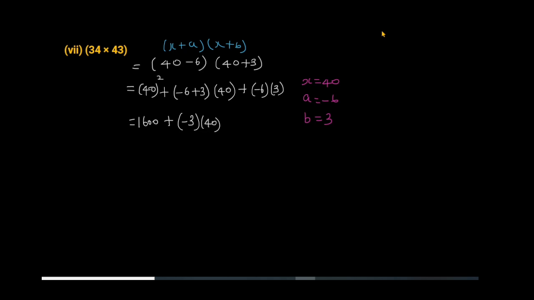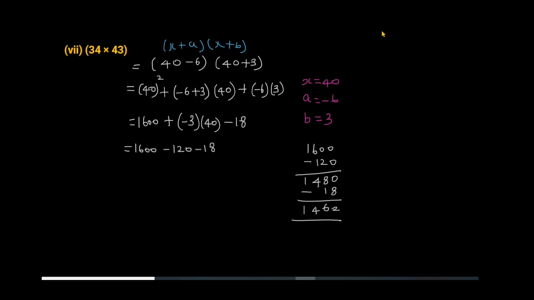Then minus 6 into 3 is minus 18. So 1600 minus 120 minus 18. So the answer is 1600 minus 120 will give 1480. Once again minus 18 will give 1462.